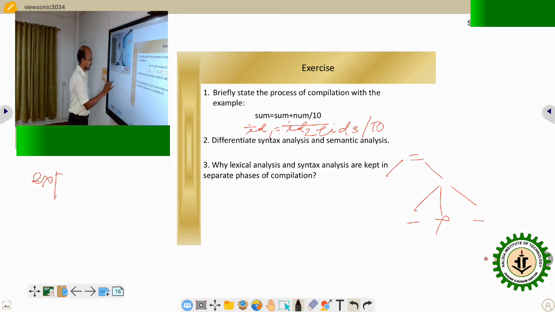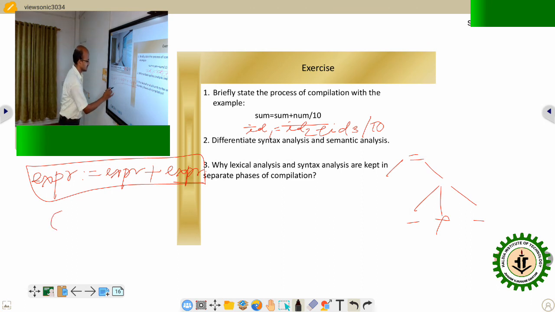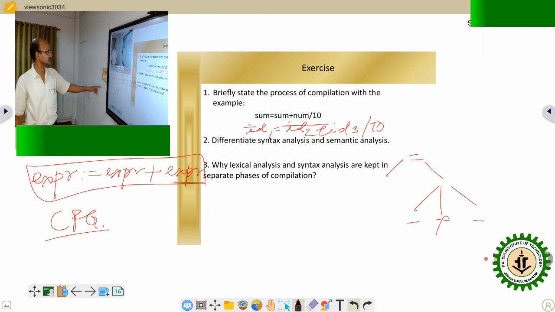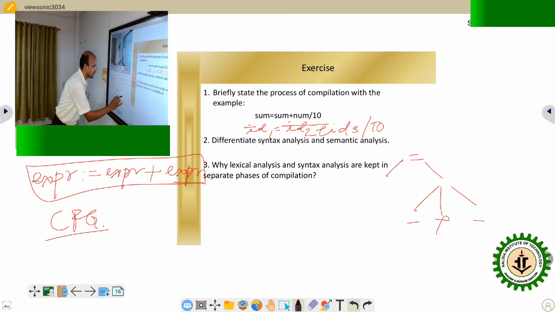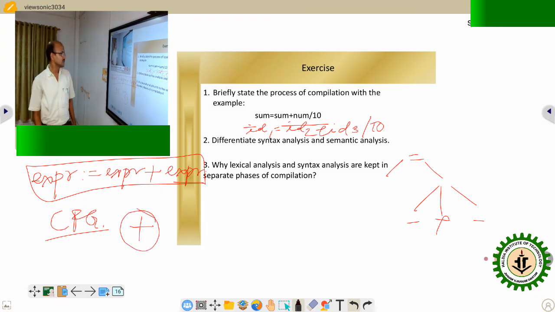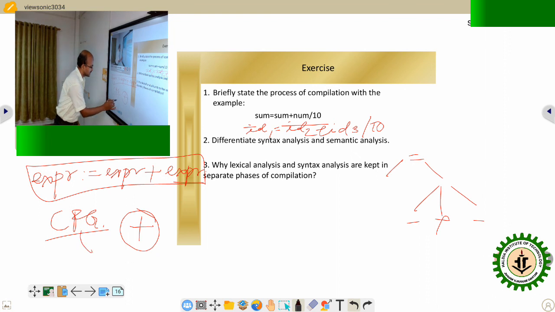If I write only this production rule in the context-free grammar, expression is equal to expression plus expression, then we are bound to use only the plus operator. Underlying the context-free grammar there is one machine format, which is called the push-down automata. The push-down automata is the machine format which will recognize whether your grammar is followed in writing the program or not.